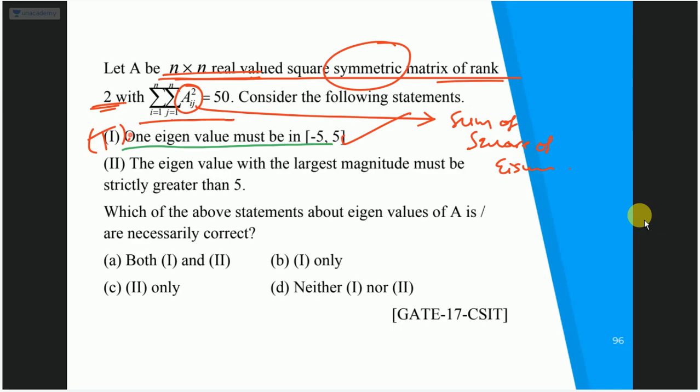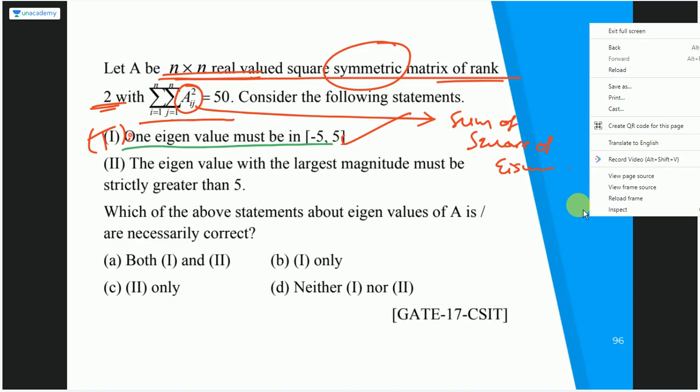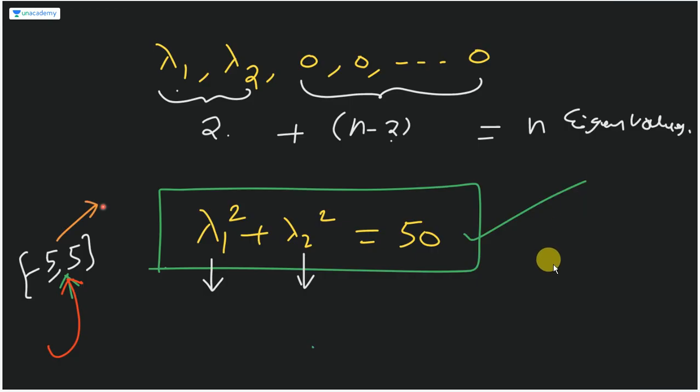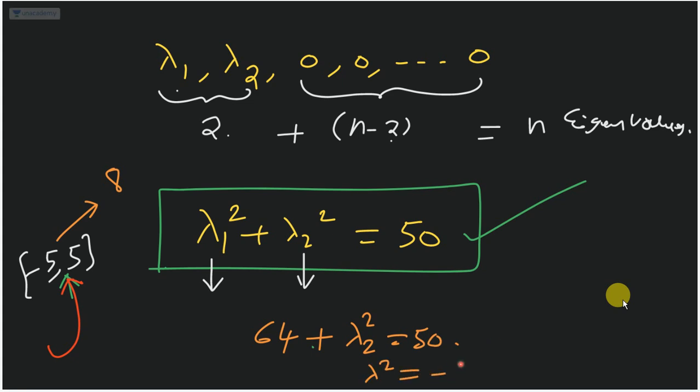Can you accept that? Suppose I take something greater than 5, say 8. 8 squared is 64, plus lambda 2 squared equals 50. So lambda 2 squared equals 50 minus 64, which is minus 14. Shall I take an imaginary value?